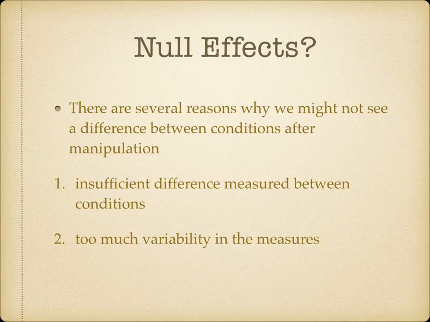You can also have too much variability in your measures. Now, what we mean by that is we're only going to see a difference between our conditions if the difference is big compared to the amount of variation that's naturally occurring. If there is a lot of variability in the measures, then that difference may be obscured by it. Sometimes it can be due to the fact that there's lots of excess error in the measurement, as we were talking about earlier with random error.